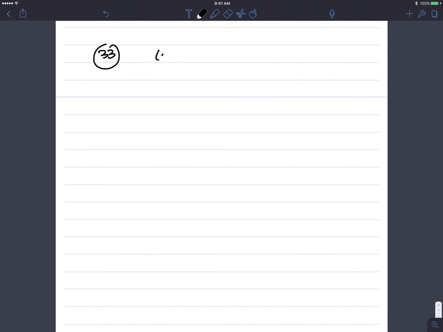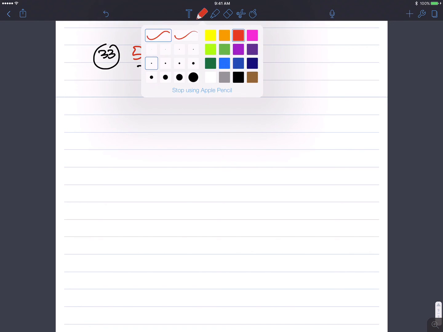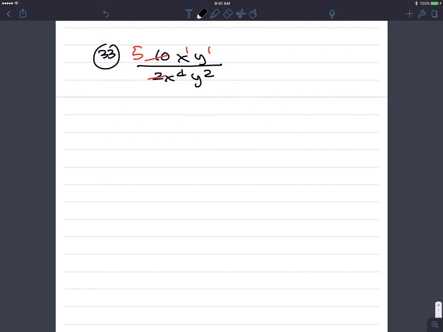(33) 10xy over 2x to the 4th y squared. 10 divided by 2 is 5. Now, remember, if you don't have a power, by default, it's 1. So we have 5 x to the 1 minus 4 times y to the 1 minus 2.